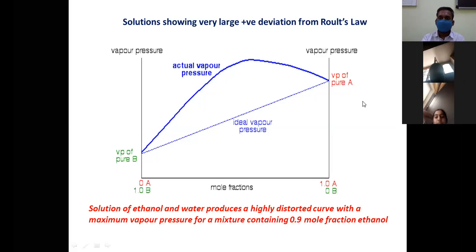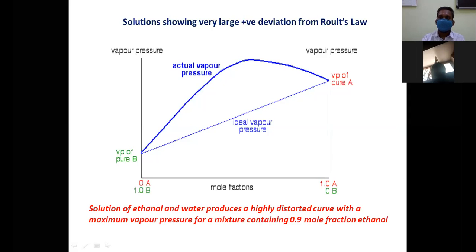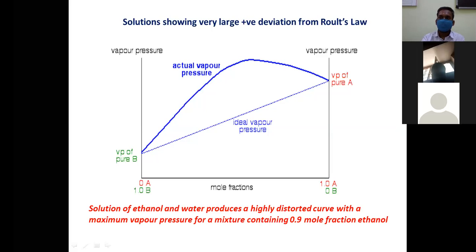So when they have very large deviations from Raoult's law, how does their vapor pressure curve look like? Their vapor pressure curve looks like this, basically. If you can recall the vapor pressure curve of a solution showing positive deviation, how was it looking?